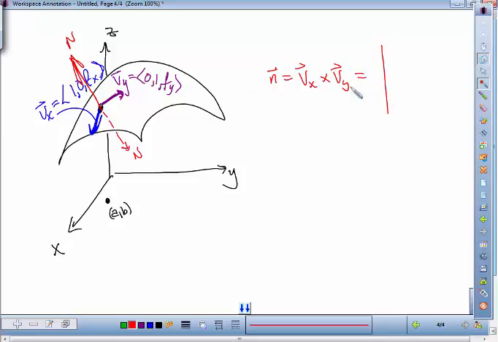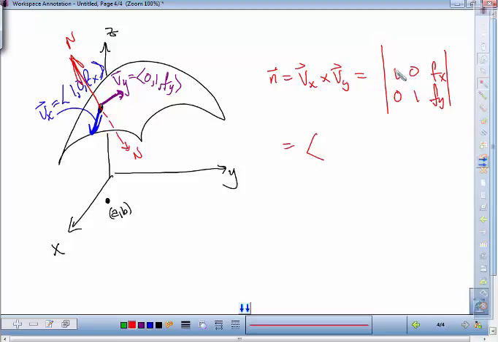So Vx is 1, 0, fx. Vy is 0, 1, fy. So the normal vector will be, in the i direction, 0 minus fx.